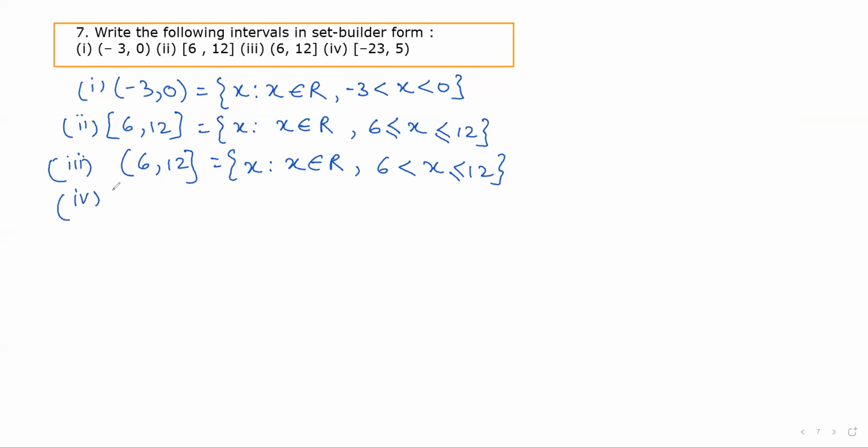And fourth, square bracket minus 23, 5 round bracket is the set of x such that x belongs to R, minus 23 less than equals to x less than 5.